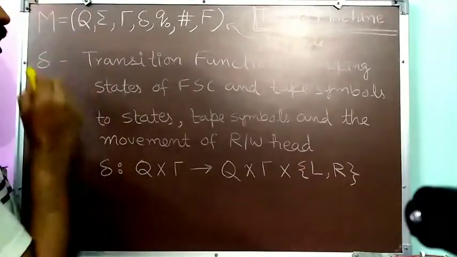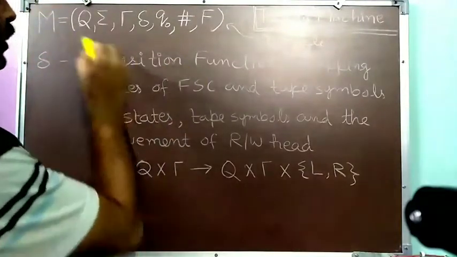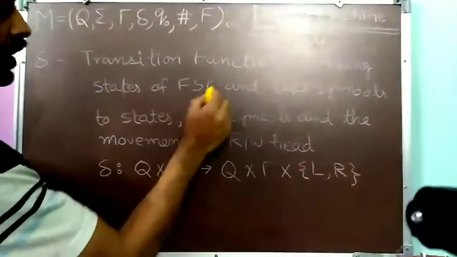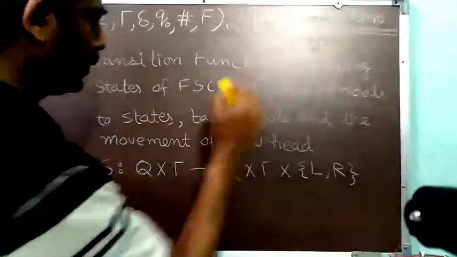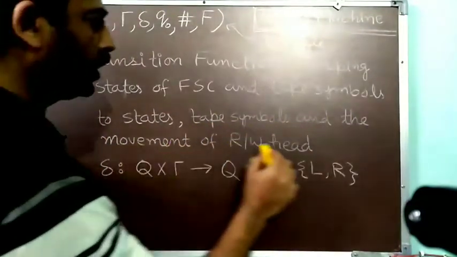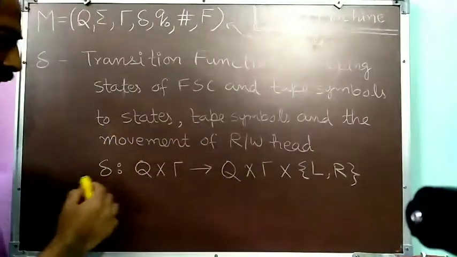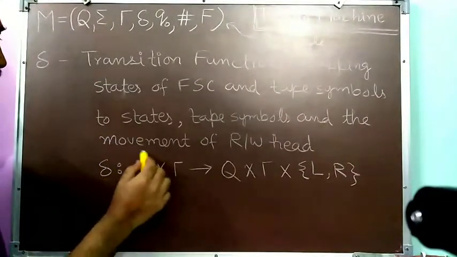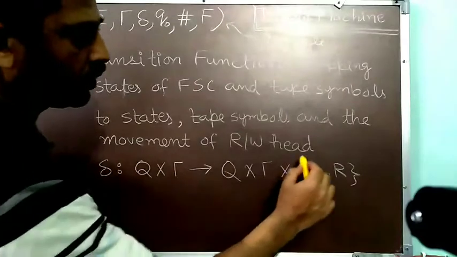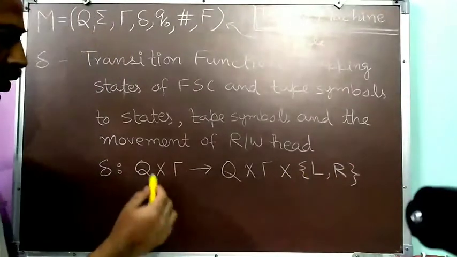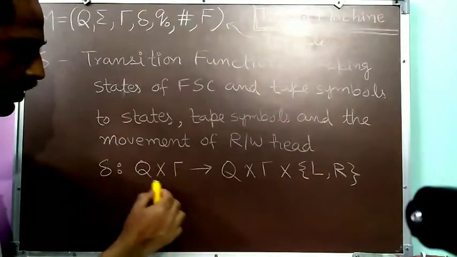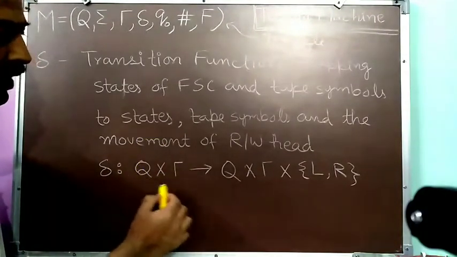The transition function delta of our Turing machine simply maps the states of the finite state control and the tape symbols to the states, tape symbols, and the movement of the read-write head. That is, our transition function δ is from Q × τ to Q × τ × {L, R}. So it will tell us what to do for each state and for each input tape symbol.